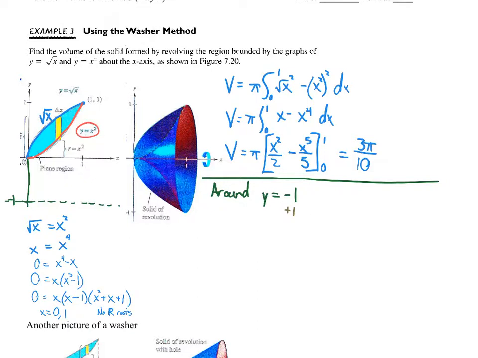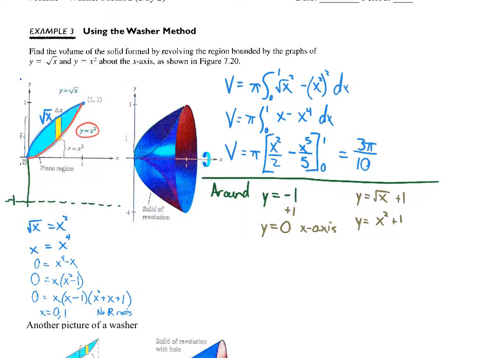To f of x. So y equals 0. Now I'm revolving it around the x-axis, but I need to add that to my other functions as well. y equals the square root of x plus 1, and y equals x squared plus 1. Okay?